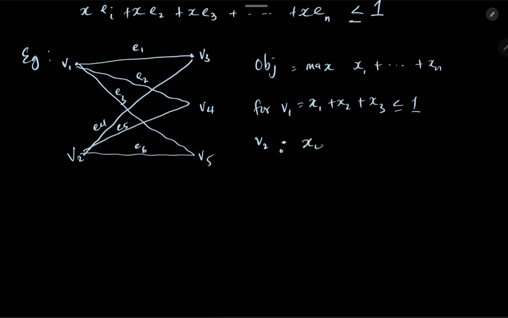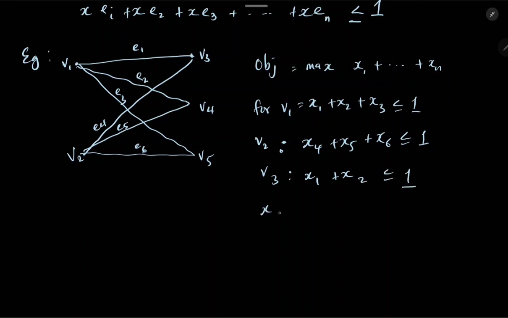So we have x4 plus x5 plus x6 all less than or equals 1. Again, we have vertex 3 connected to only edge 1 and edge, this should be edge 2. So you have x1 plus x2 less than or equals 1.